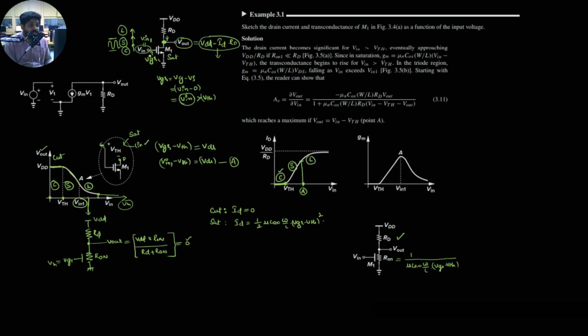As we discussed, VGS is nothing but V input. So I can replace that VGS as V input: V input minus VTH whole square. This equation is nothing but y equal to some constant times of x minus x naught whole square. So it will be like a parabola which starts from the x naught, where x naught is nothing but VTH, so my parabola starts from VTH.